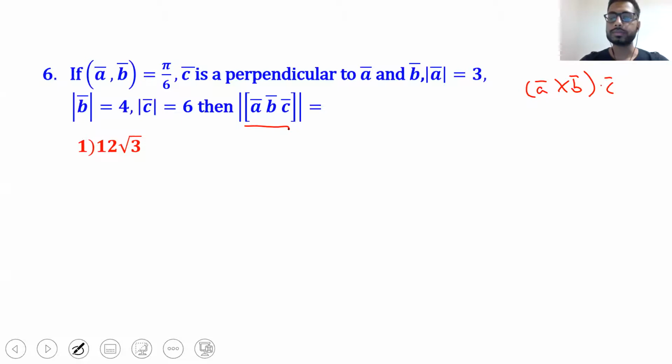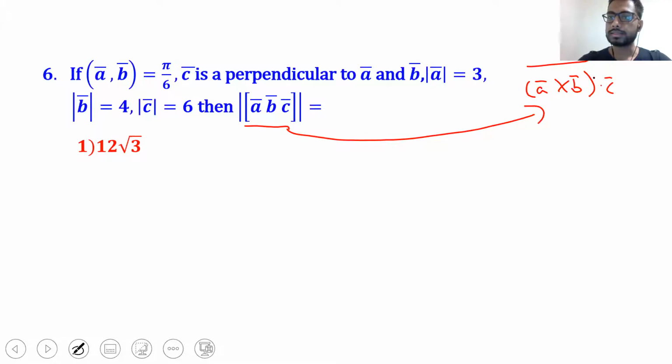I cannot use my determinant format in this case as I don't have values in the form of i j k. So we'll need to simplify this in a different way. Can I say that my box product is also equal to this, A cross B dot C?